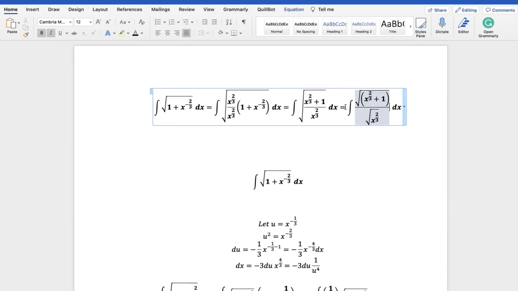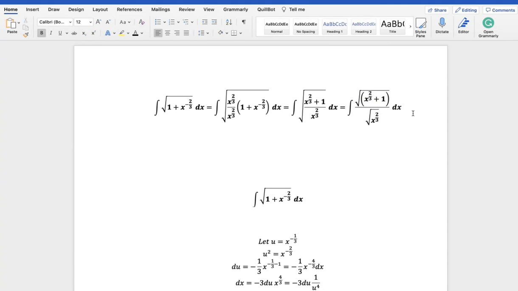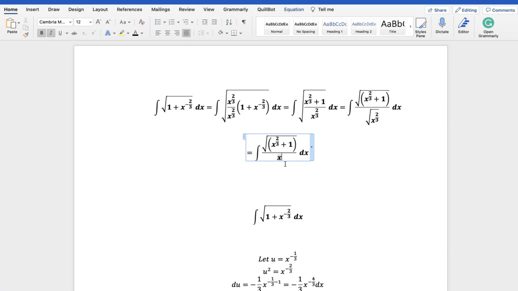Yes. Then this can be equal to, so the square root of x to the 2 over 3 is just equal to x to the 1 over 3.